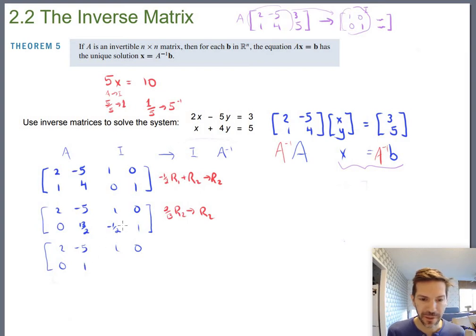Let's see, 2/13, the 2's cancel, so that would be negative 1/13, and 2/13 times 1 is 2/13. I need to put a 0 where the negative 5 is, so that will be 5 of row 2 added to row 1 will become my new row 1.